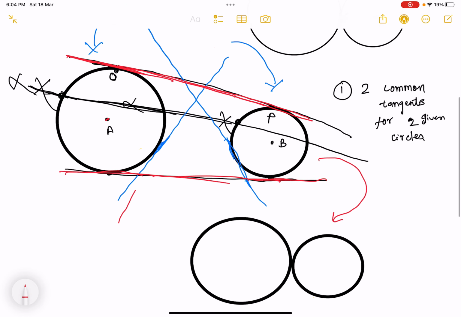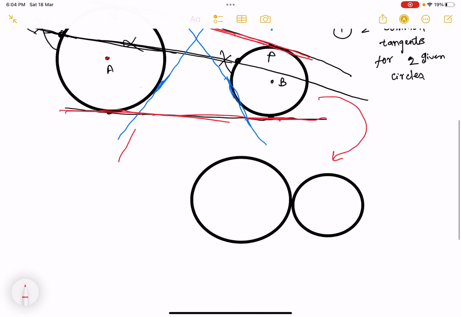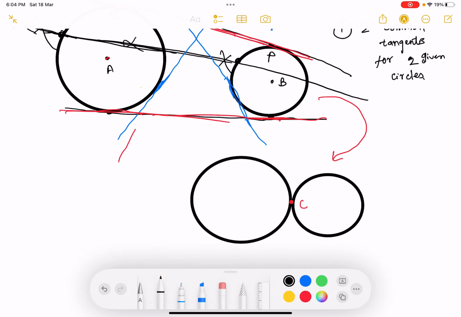Now, a special case of this. What happens when the circles touch each other? Let us suppose again these are two circles which touch each other at some point C. So how many common tangents can we draw? Obviously, two we can draw for sure, as we have seen in the previous case. And we can draw one more common tangent from here.